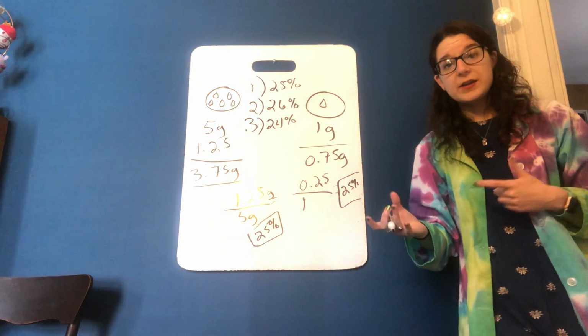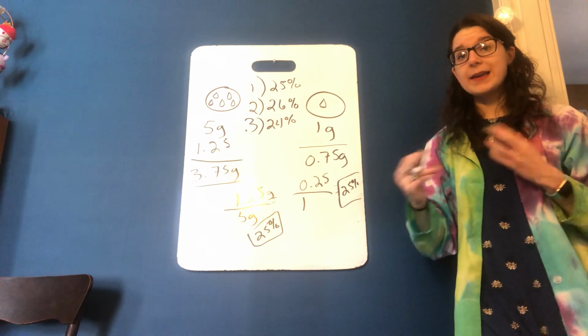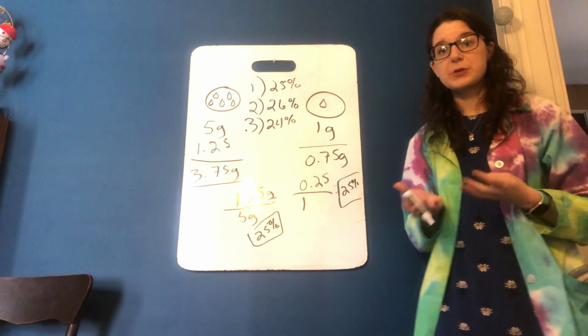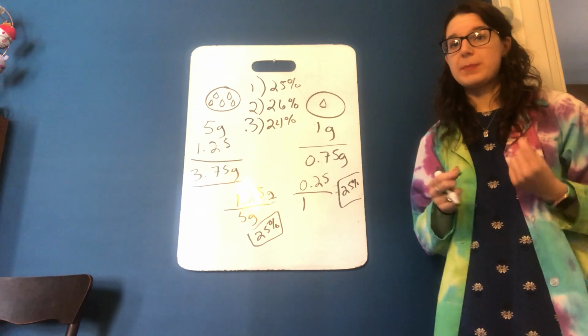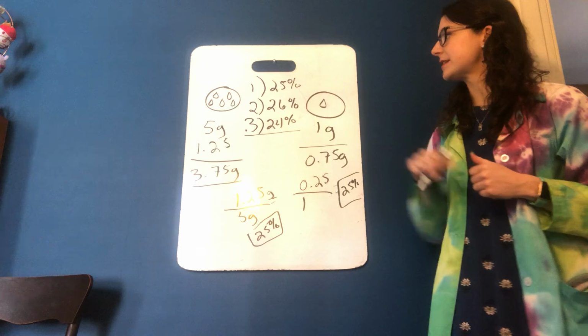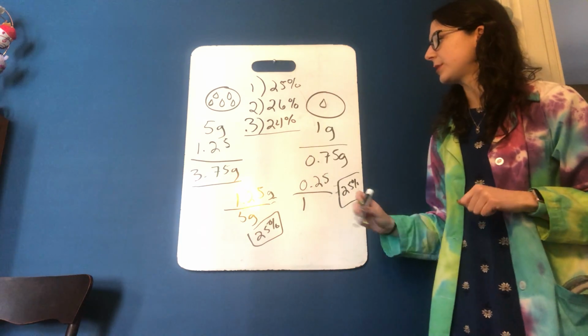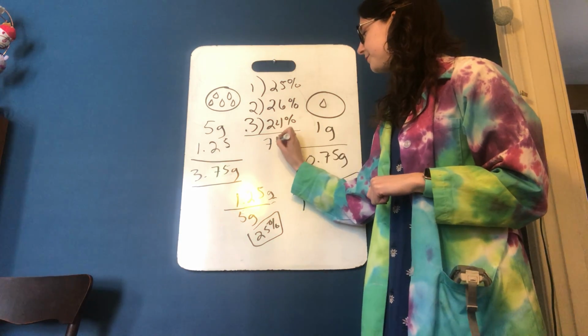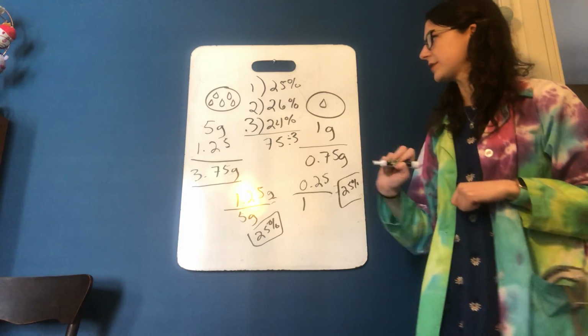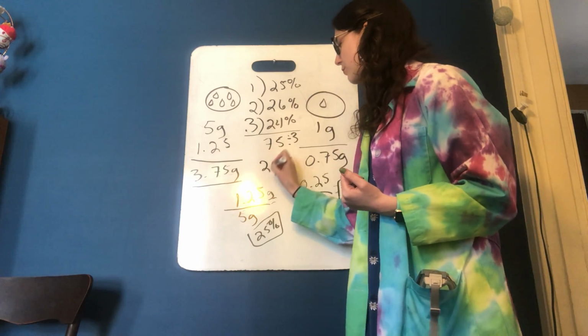These 3 trials, between the 3, I can go ahead and find the average of them to tell me the average percent water in a popcorn kernel. So 25 plus 26 is 51, plus 24 is 75, divided by 3, because I have 3 trials here, would give me an average of 25%.